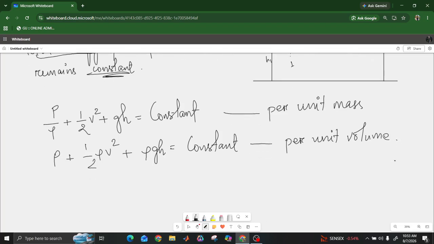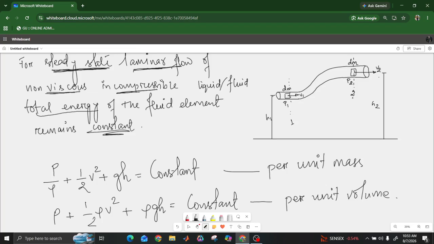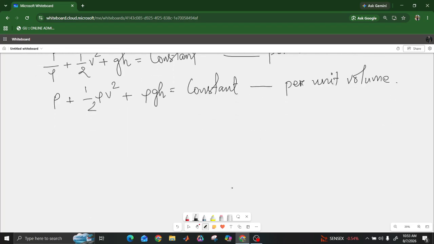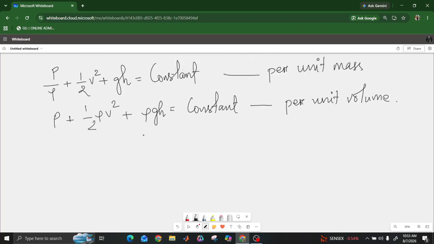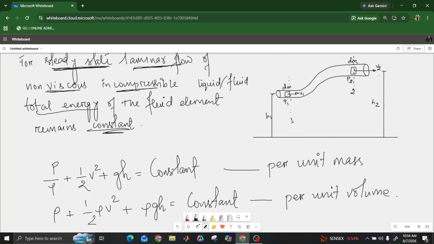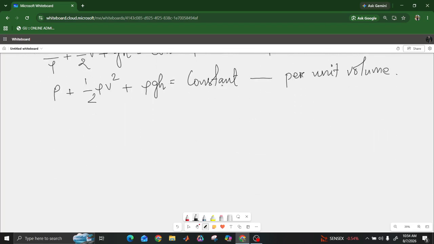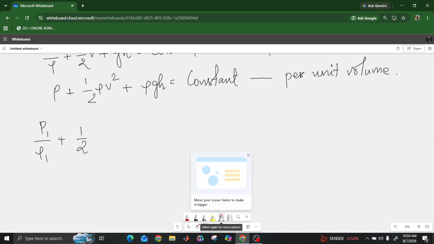If we have to write for these 2 points, this point is at a height of h1 and this point is at a height of h2. I'm writing in terms of mass. We don't need to write rho 1 because we have taken the fluid as incompressible, so the density will be constant.